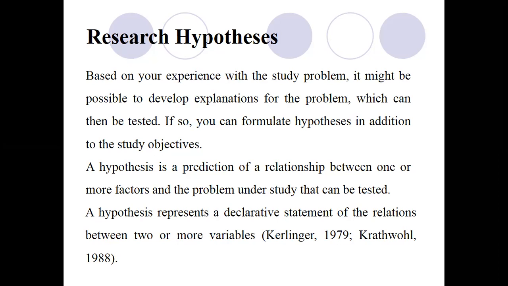If so, you can formulate hypotheses in addition to the objectives of the study. A hypothesis is a specific type of prediction for a relationship between two different factors you are going to study and the problem statement under that specific study. A hypothesis is the clear declarative representation of the statement for the relationship between two different types of variables.